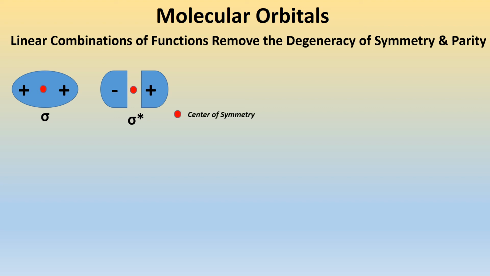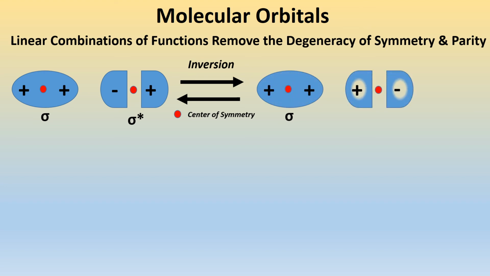When these functions are inverted, one finds that the sigma orbital remains identical, and the sigma star orbital changes signs. Therefore, the sigma orbital has gerade or even symmetry and positive parity. For the sigma star orbital, one sees ungerade or odd symmetry and negative parity.